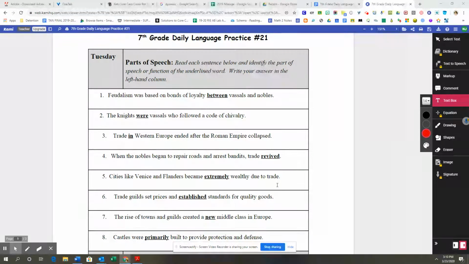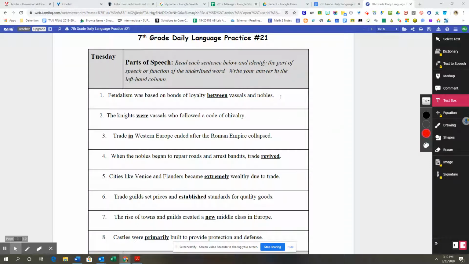Here is Tuesday's Parts of Speech Practice, 7th grade daily language practice, number 21. We're going to look at the different parts of speech. The way it's posted on Google Docs is not the way we normally see it.